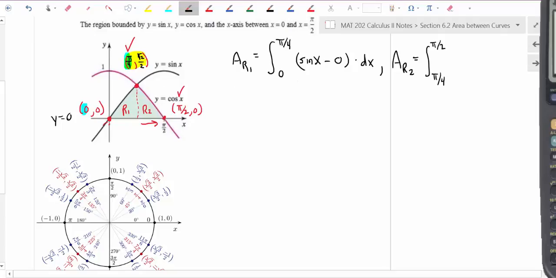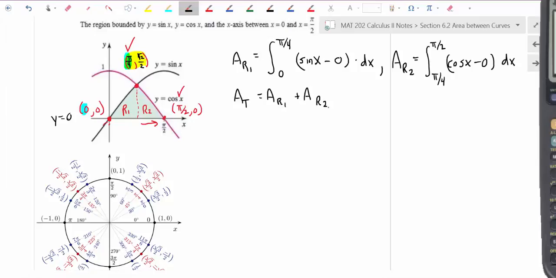In region 2, the curve that's on top is the cosine, and the curve on the bottom is y equals 0, times dx. The strategy, of course, is that the total area is just going to be the sum of these two regions. So we need to work out those two integrals and then add the two things together.